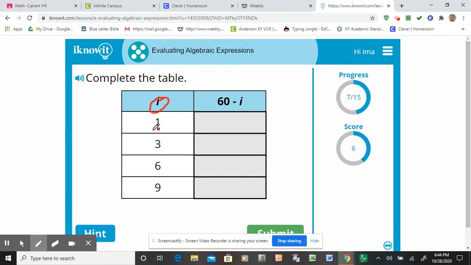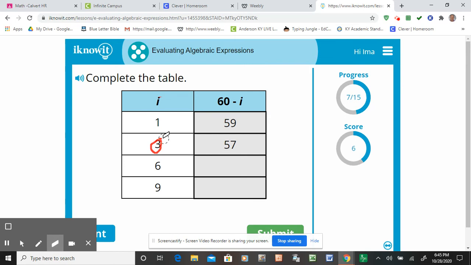If i is 1, then what is 60 minus i, or 60 minus 1? It would be, of course, it'd be 59. Ah, but what if i were 3? If i were 3, what would 60 minus i be, or 60 minus 3? Yeah, it would be 57.